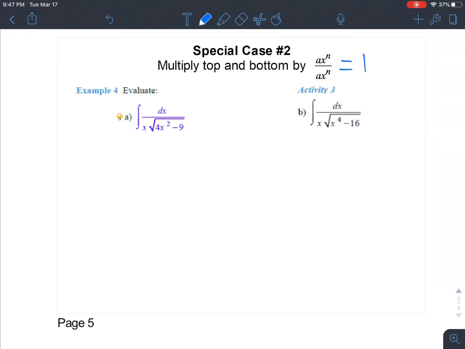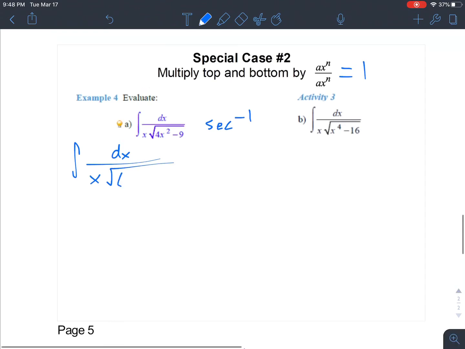So for our first one, I'm looking at this, and once again I'm spotting I've got something outside of a square root, and that's telling me that we're going to need to integrate this into arcsecant. But the other thing is, I notice these two things are supposed to match according to our definition of the integral that integrates into arcsecant, but that doesn't actually match, because if I write this out, I'm going to show you, we're supposed to have a value, and then we need the square root of 4x squared, which is 2x, and then we've got the minus 3 squared.